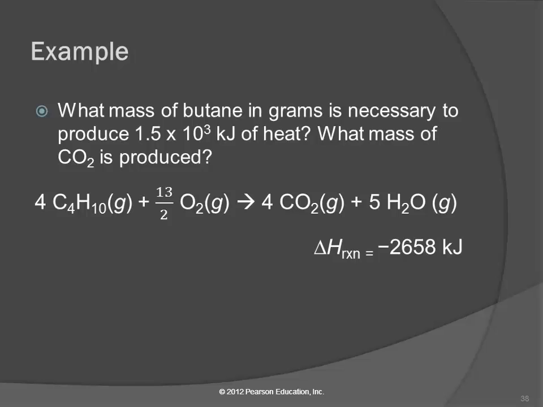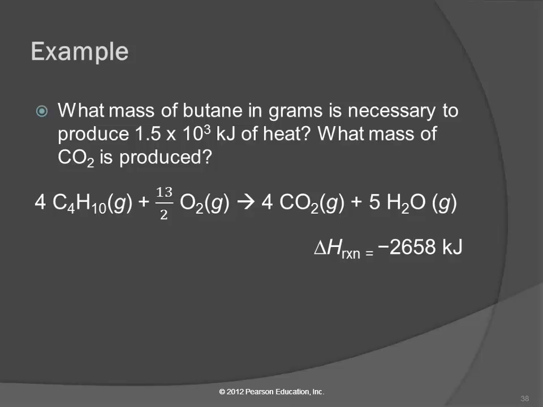What mass of butane in grams is necessary to produce 1.5 times 10 to the third kilojoules of heat? And 2 questions. What mass of carbon dioxide is produced? Well, let's organize our information.